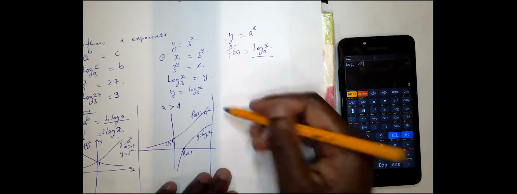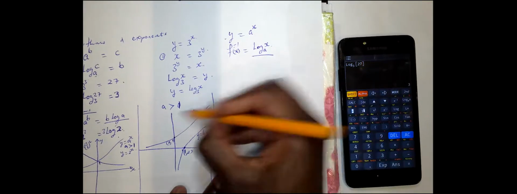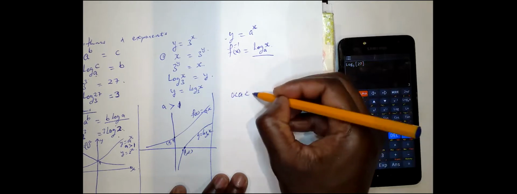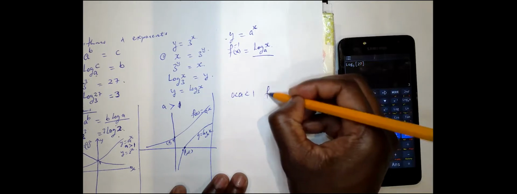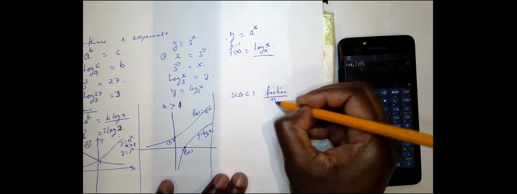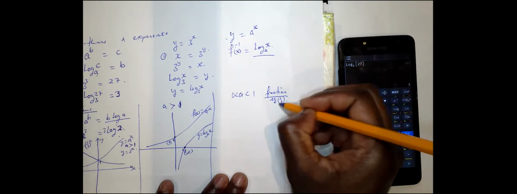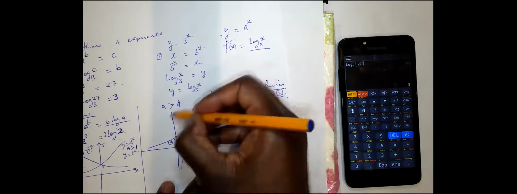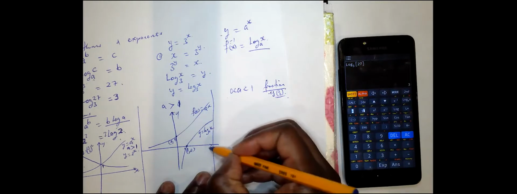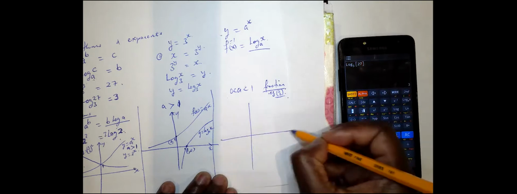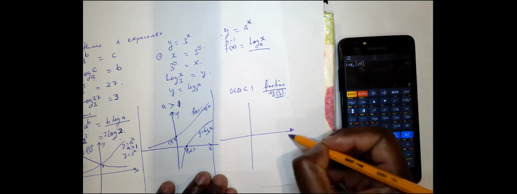But now I want to see what it is if a is between 0 and 1, a fraction, e.g. 1/2. What will be the difference there? Now let's sketch something and see what I'm talking about here.